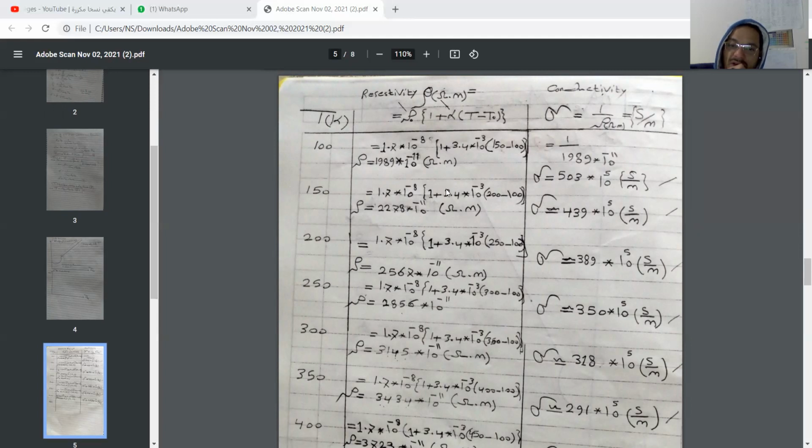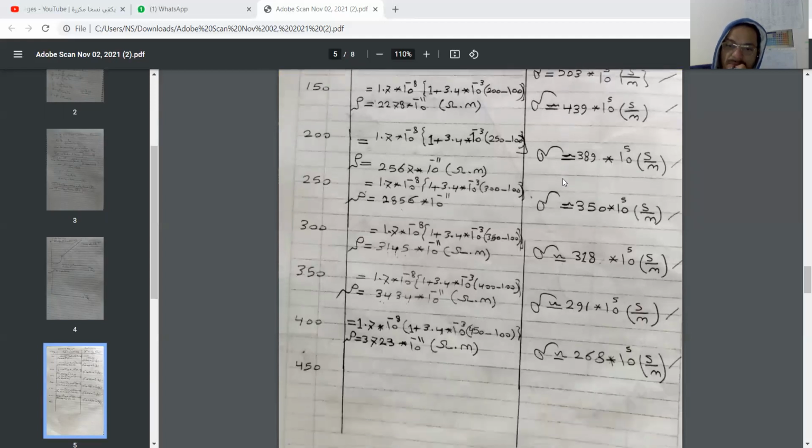By that, I calculated all these results with the temperatures 100, 200, 250, 300, something like that. And after that, I calculated the conductivity for all of them.